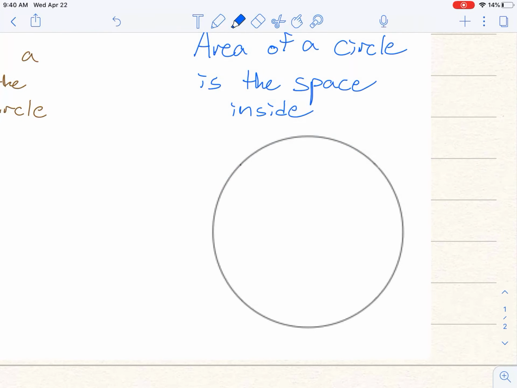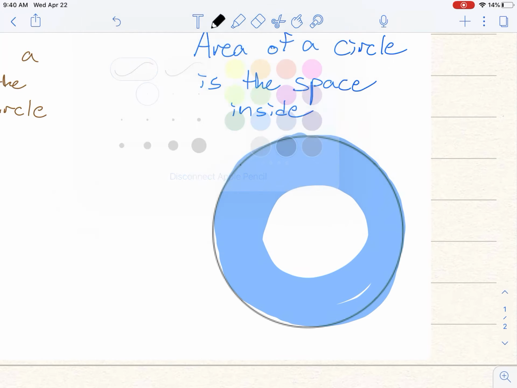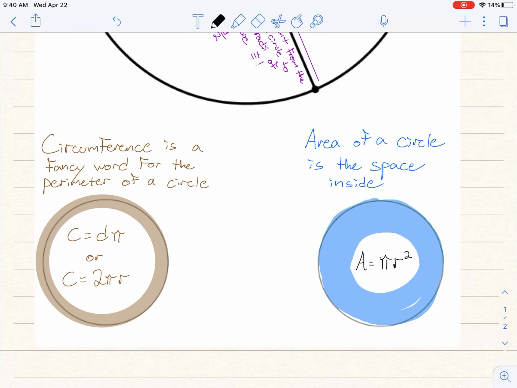The area formula, so let's say I'm going to highlight my circle here, and I'm going to fill it in. My area is this formula. It is pi times radius squared. So that is the formula for area.